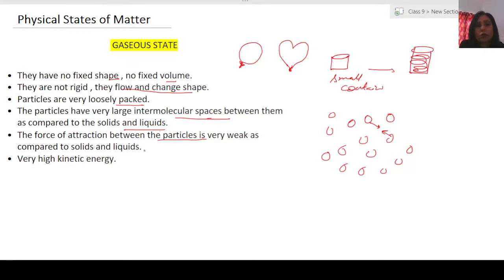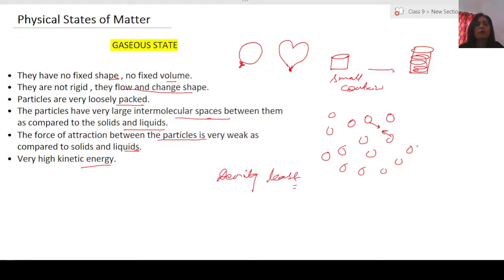And as they are in random motion here and there, obviously they will have the highest kinetic energy or motion in the particles, right? And the density will be least in this case.